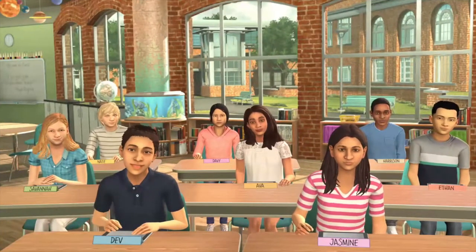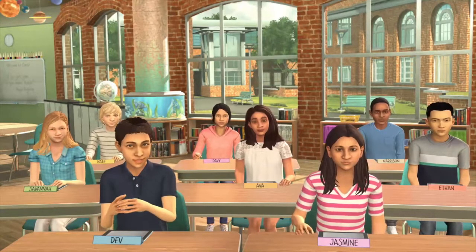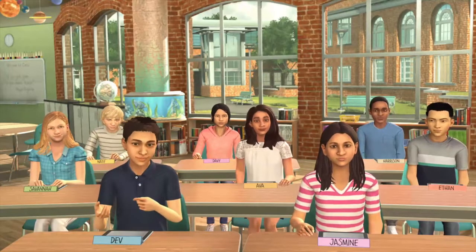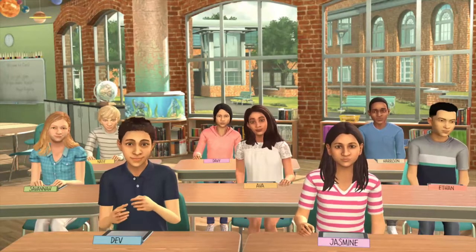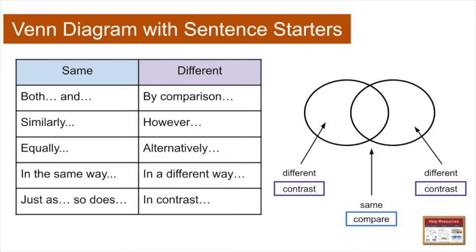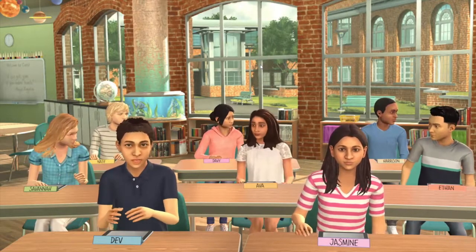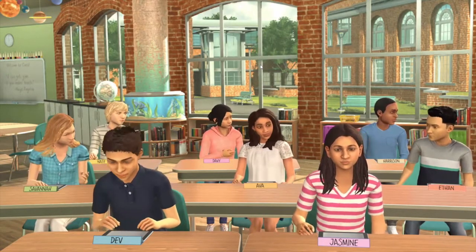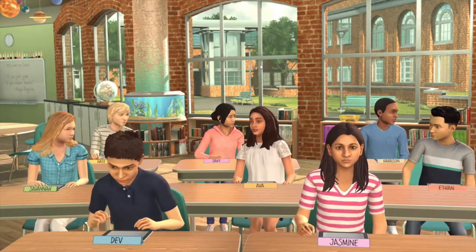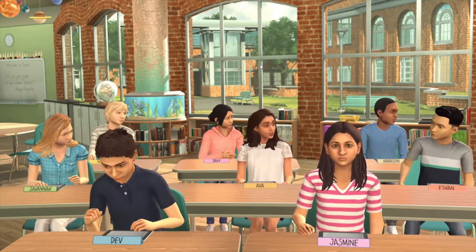So Jasmine, yeah, so I guess the answer from what I can tell, I can see an airplane, and there's a rocket ship too. So I think, okay, so trying to use the sentence structure that the teacher said, I think we could say that both the airplane and the spaceship are flying.